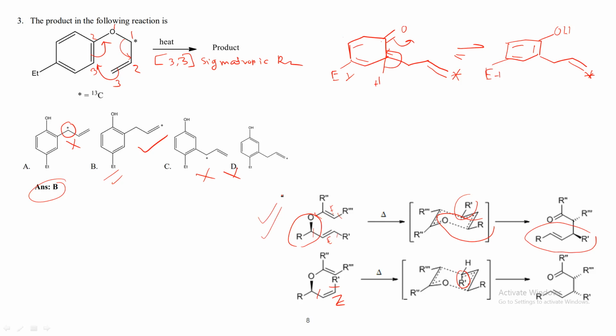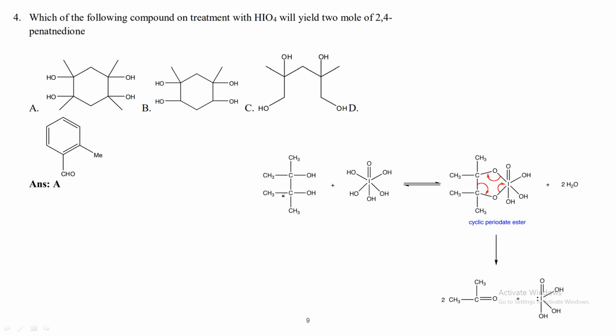This would help to solve this kind of problem. This is again related to what I discussed in the previous class. So the question is, which of the following compounds with treatment of HIO4 will lead to these 2,4-pentadiene molecules, right?